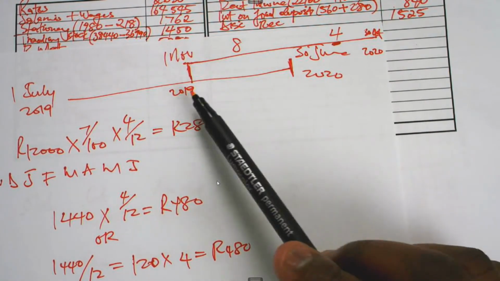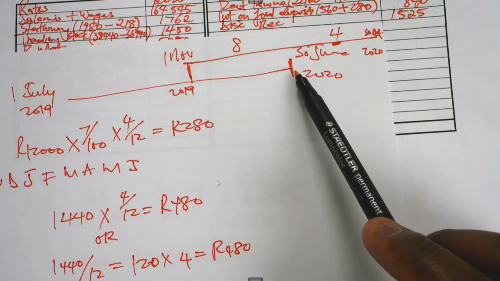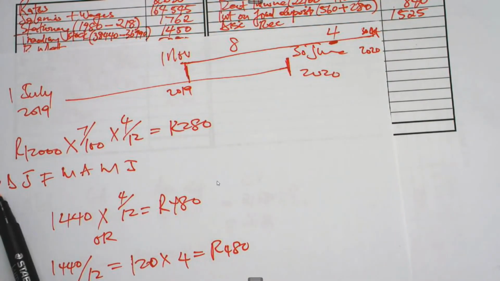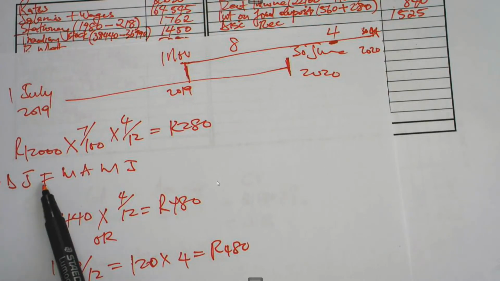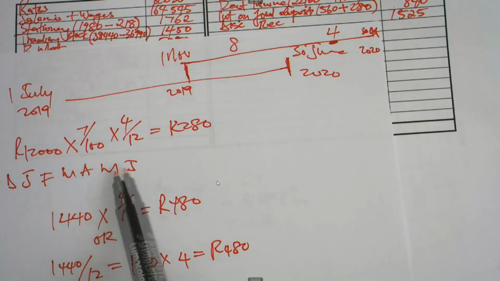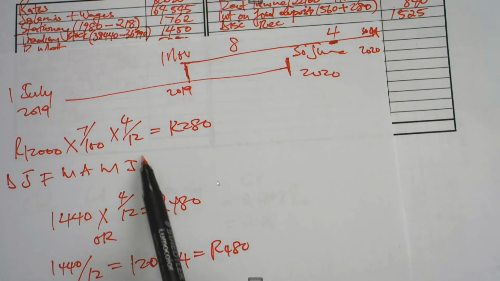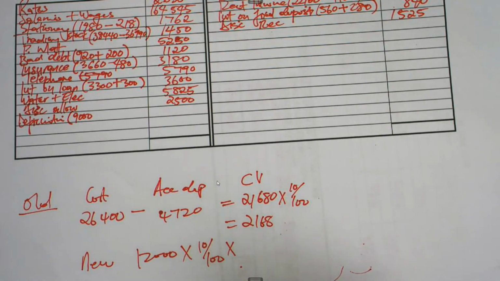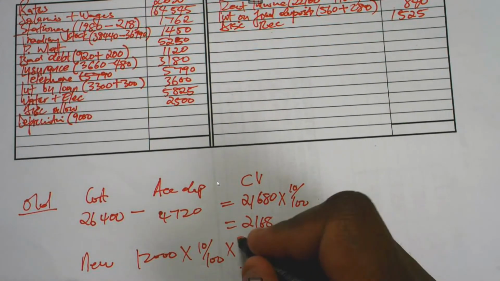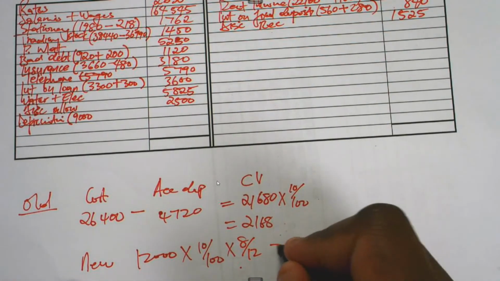From November to 30 June, you can count: November, December, January, February, March, April, May, June. June is our financial year end. So 2, 4, 6, 8. So now we had this equipment for 8 months, so it will be times 8 divided by 12.